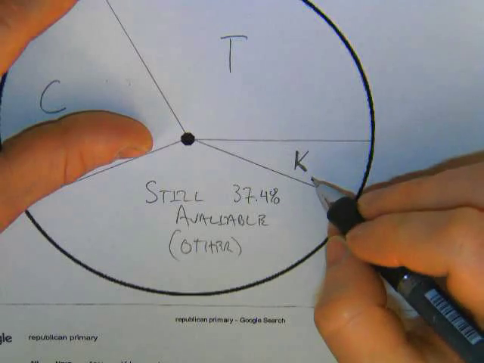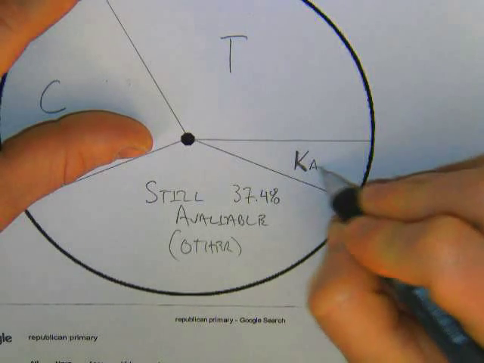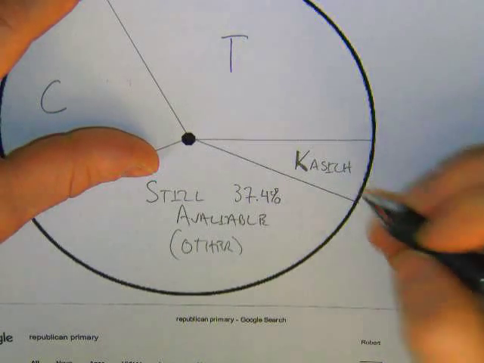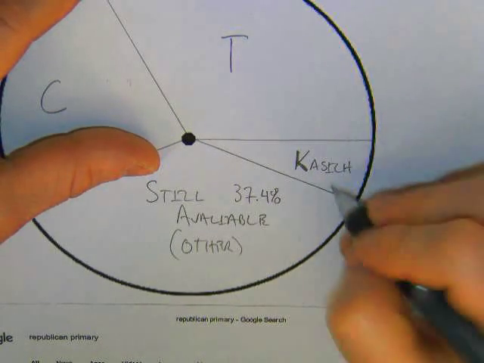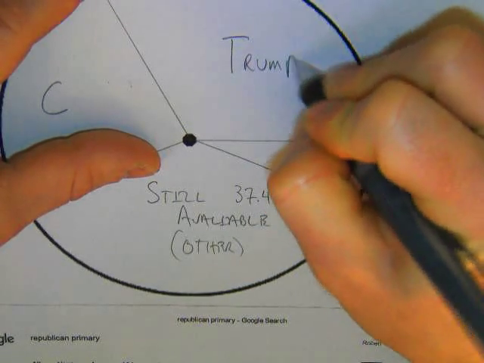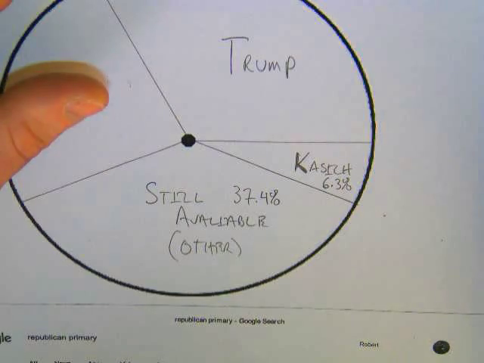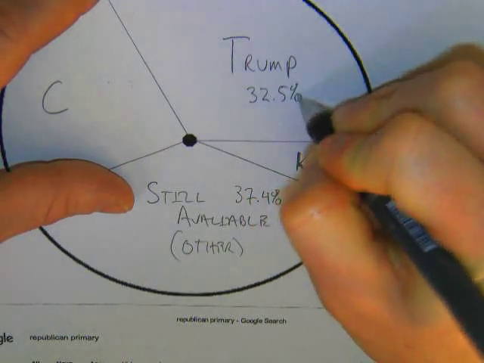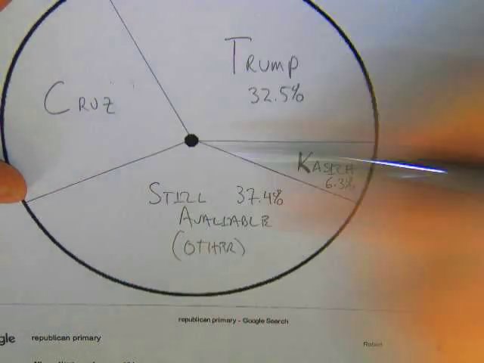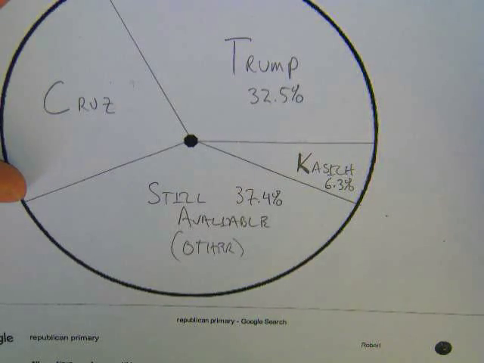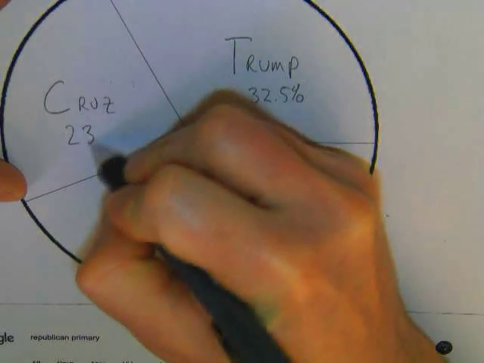Cash is 6.3%. Mr. Trump is 32.5%. Mr. Cruz is 23.9%.